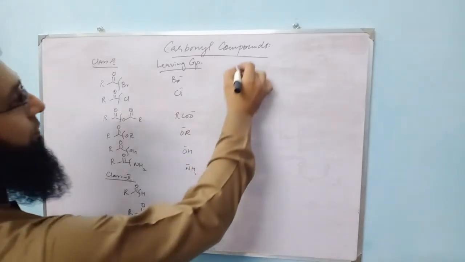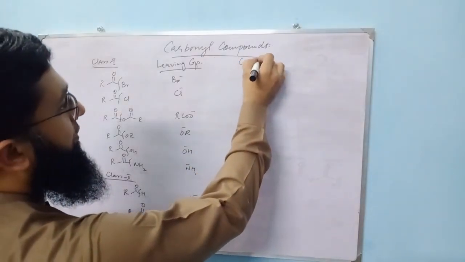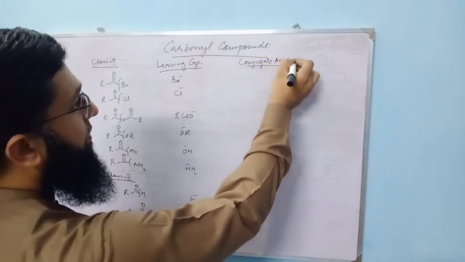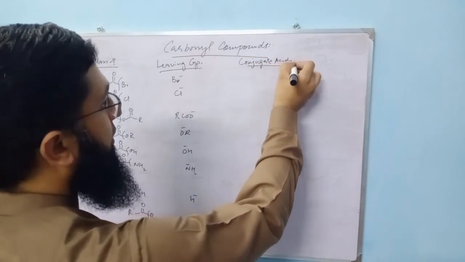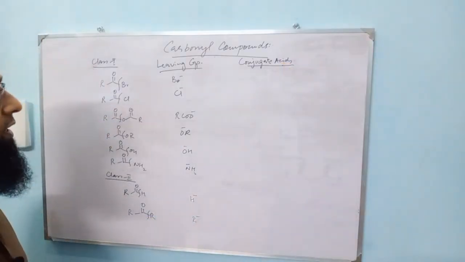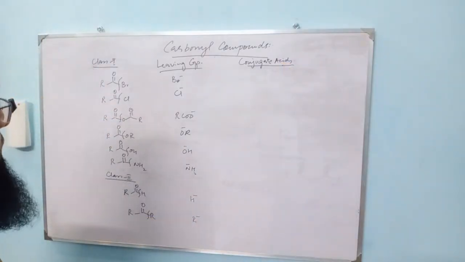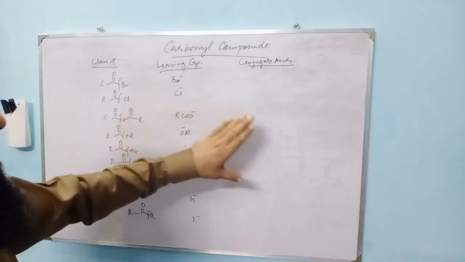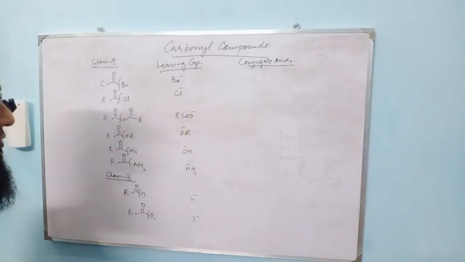Now we see what are their conjugate acids. This table is very important because when we would study the general mechanism of these carbonyl compounds, the basicities and pKa values would be very important for us to determine the direction of the reaction.